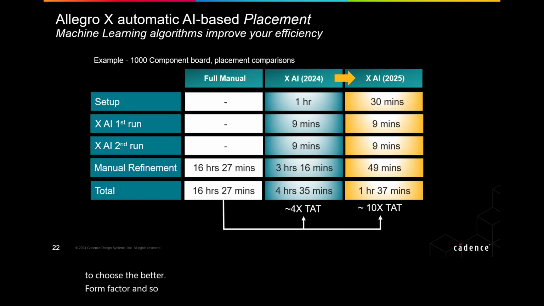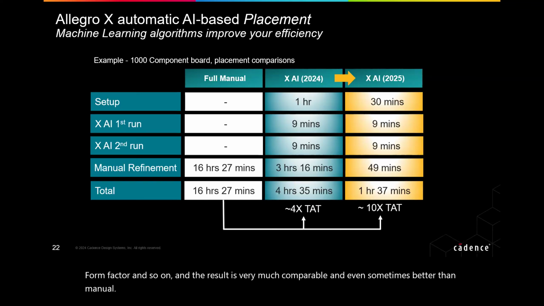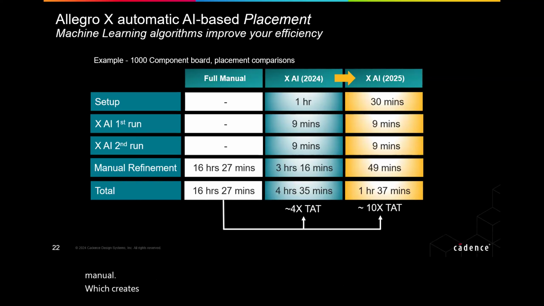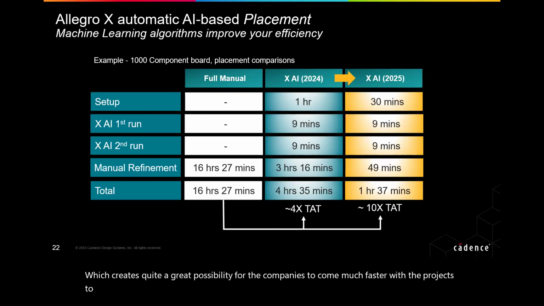And the result is very much comparable and even sometimes better than manual, which creates quite a great possibility for companies to come much faster with projects to the market, or to make more projects in the same time, and to use less resources.